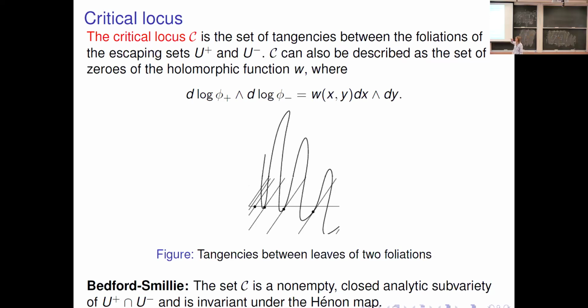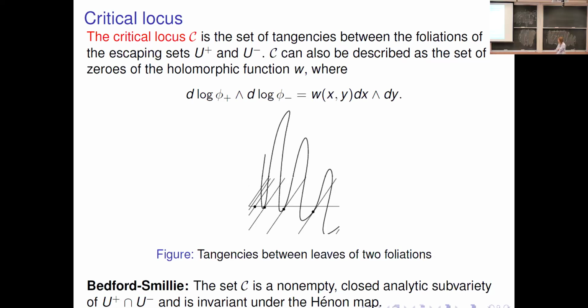Phi plus doesn't extend to all of U plus, but d log of phi plus does extend, because powers do extend. So d log of phi plus is a well-defined one-form, and so is d log of phi minus. You can look at the zeros of this one-form, and you get an analytic set. This analytic set is the critical locus.